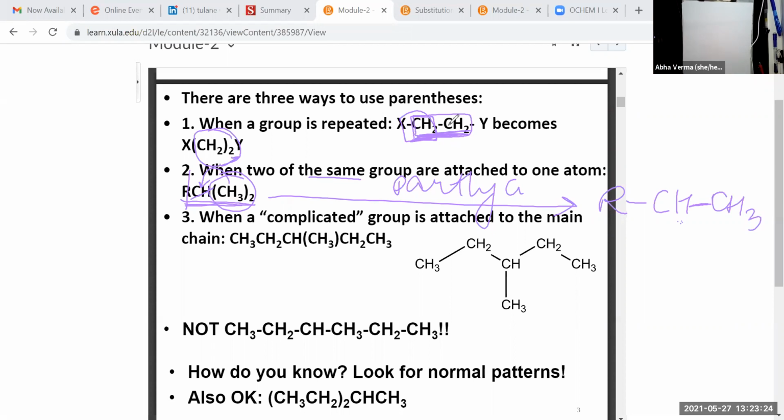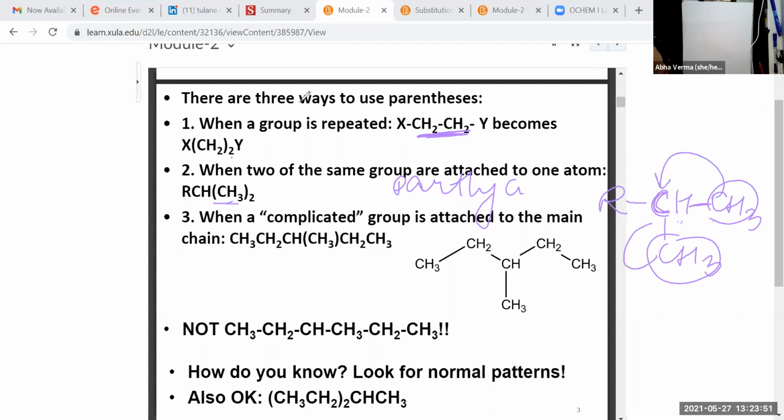Both of these CH3 units will belong to the carbon before them. Right? So both of these, to this, two CH3 units are attached. Both of these are attached to the carbon before them. Okay. Any questions so far?